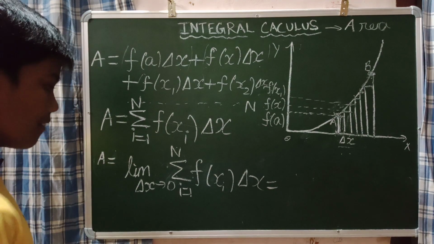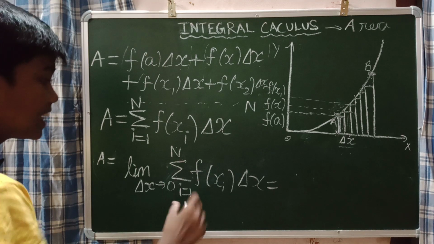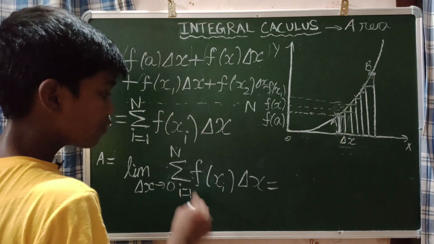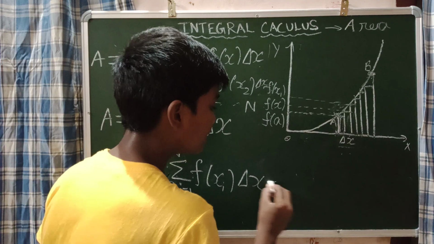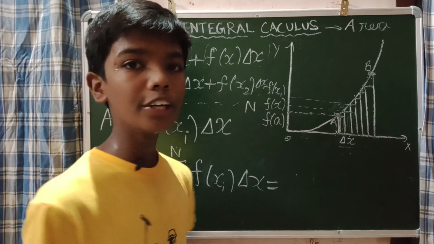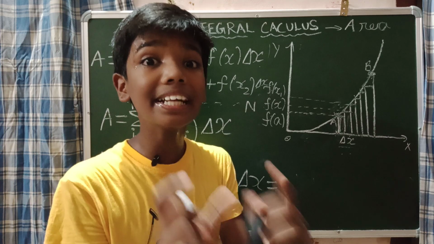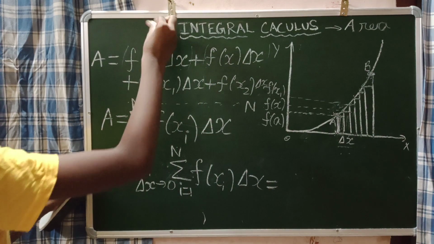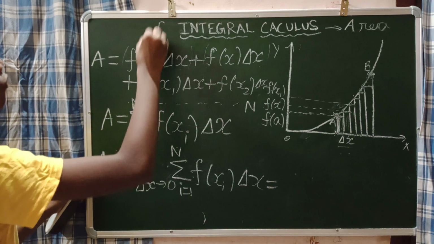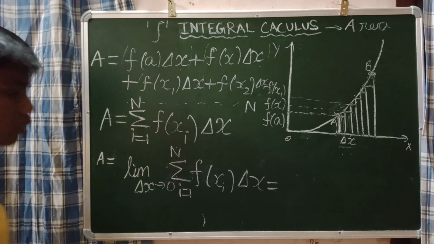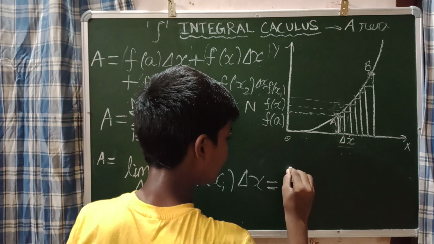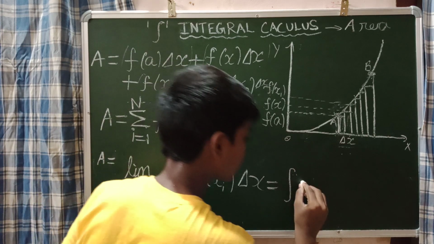When the limit of delta x tends to 0 of the summation from the first part to the nth part of f of x delta x, here only we are going to represent the integral symbol. Please know, this is the symbol of integration. So that means integration of that same f of x.